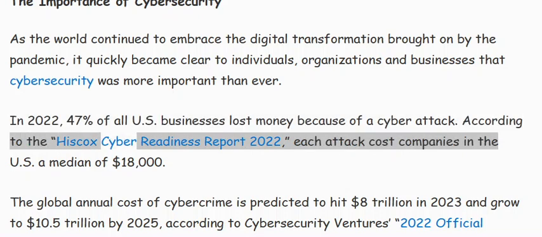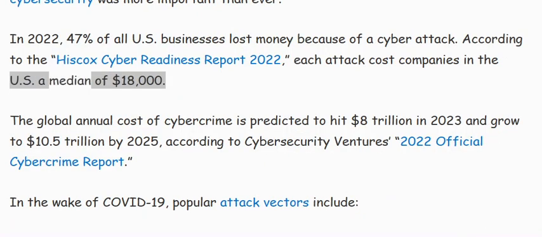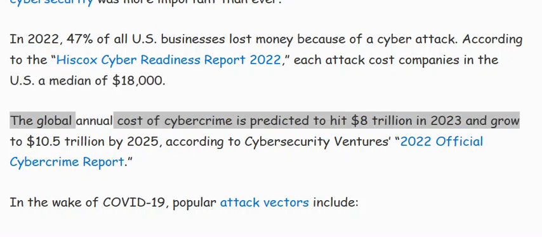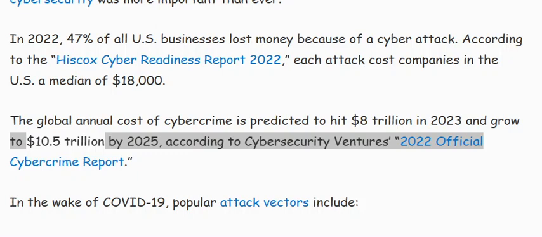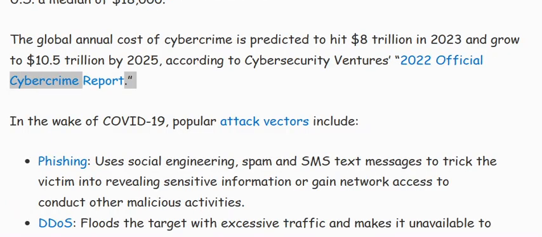According to the Hiscox Cyber Readiness Report 2022, each attack cost companies in the US a median of $18,000. The global annual cost of cybercrime is predicted to hit $8 trillion in 2023 and grow to $10.5 trillion by 2025, according to Cybersecurity Ventures' 2022 official cybercrime report.